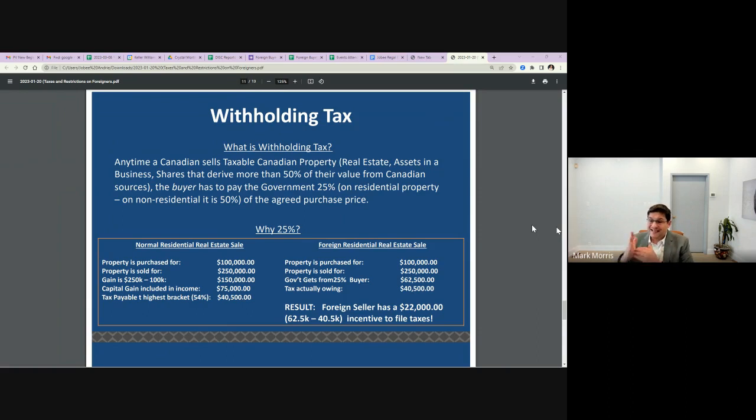The NRST is an additional amount payable, and the withholding tax is not an additional amount. It's simply a different mechanism of paying the tax on a sale. Does that make sense conceptually so far? Okay, fine. So that being the case, let me see what my next page has.